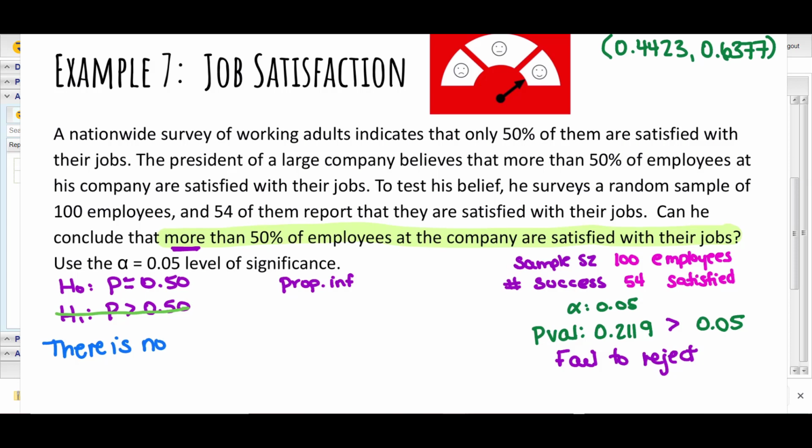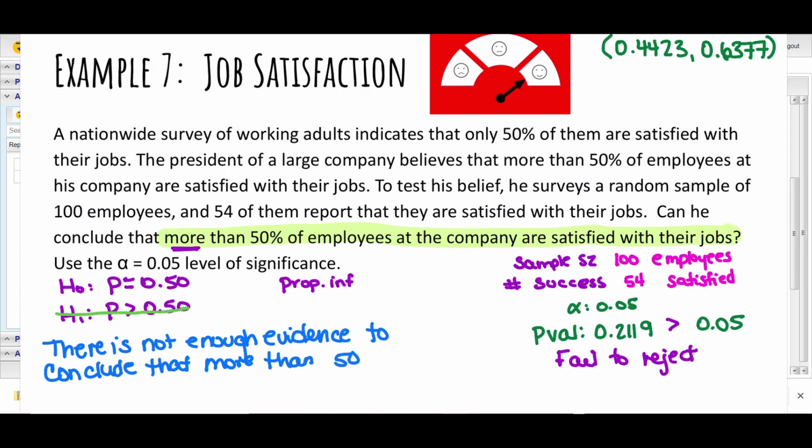So there is not enough evidence to conclude that more than 50% of employees at the company are satisfied with their jobs.